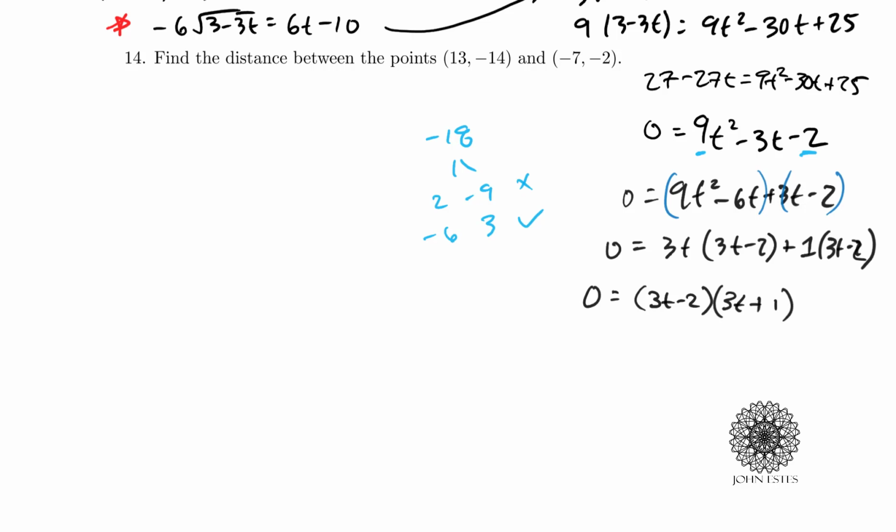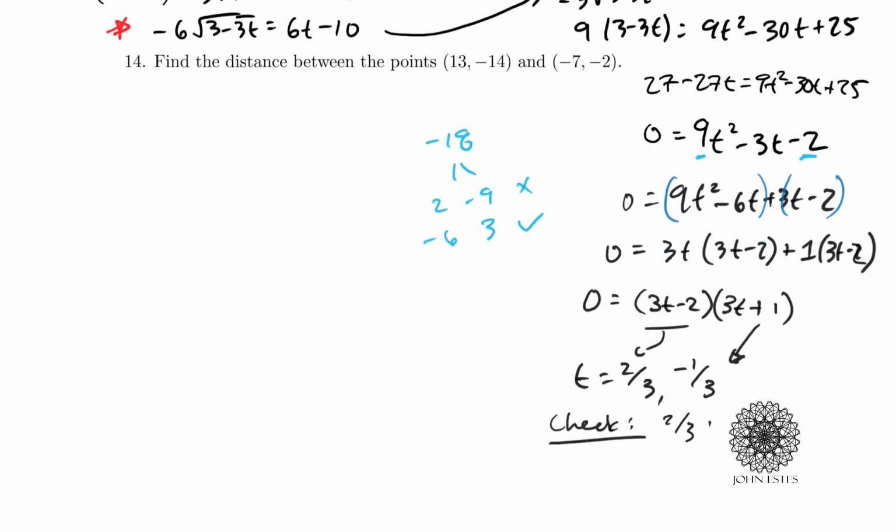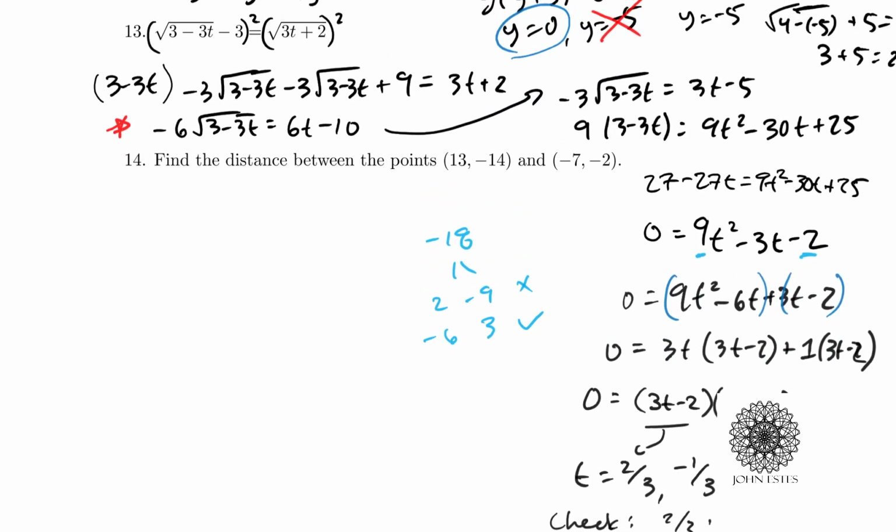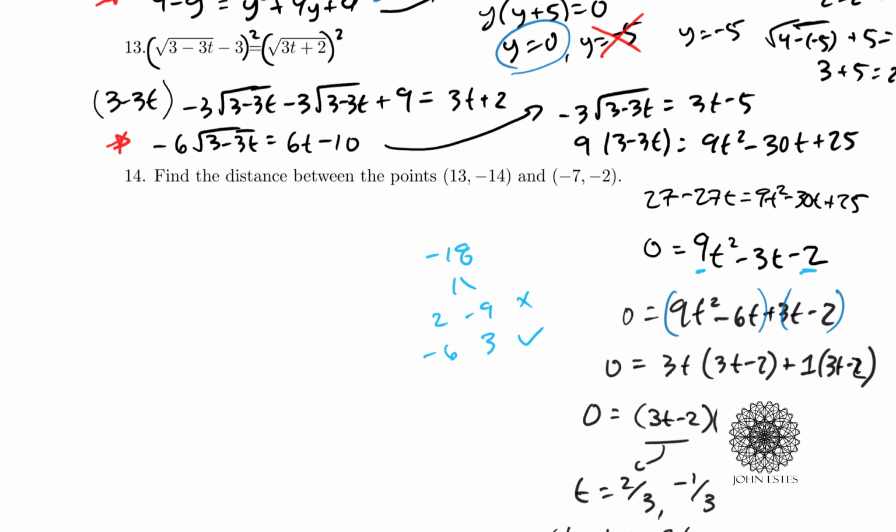Okay, now setting each of those equal to 0. Out of my first one, I end up with t equals 2/3. Out of the second one, I end up with negative 1/3. Okay, and we need to check. So if I check 2/3 back into the original, which is right here, let's just think about it. If I plug in 2/3 in for t there, 2/3 times 3 ends up being 2.